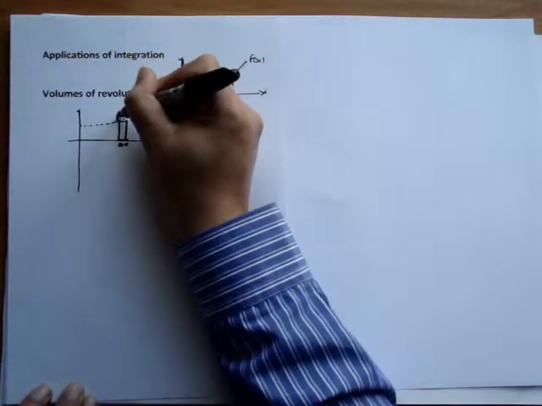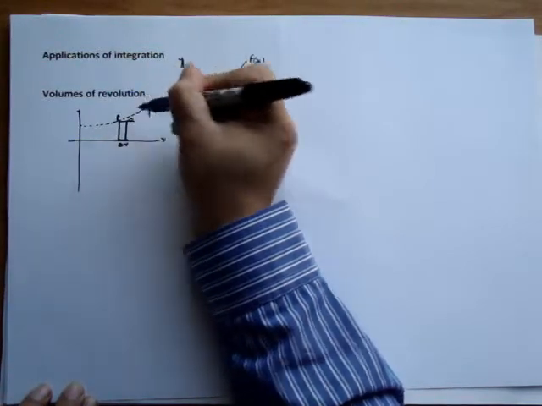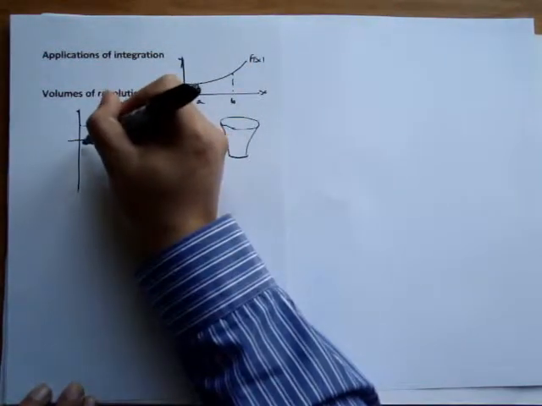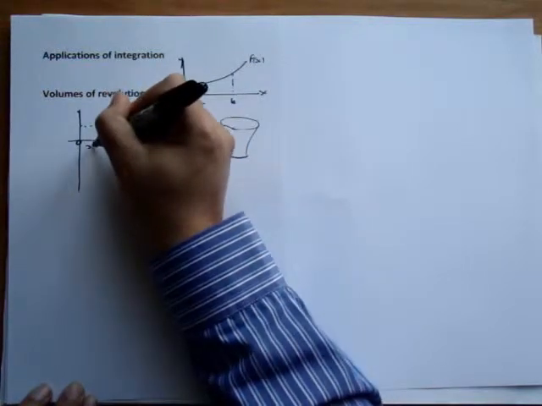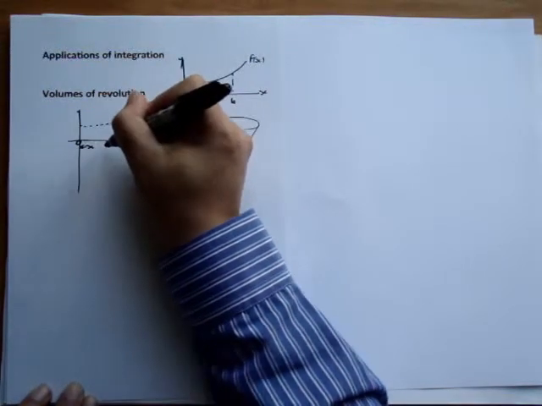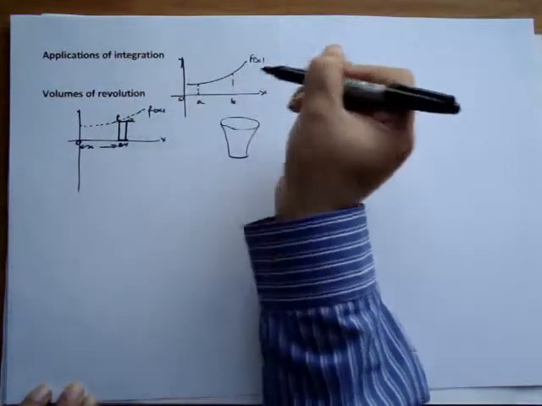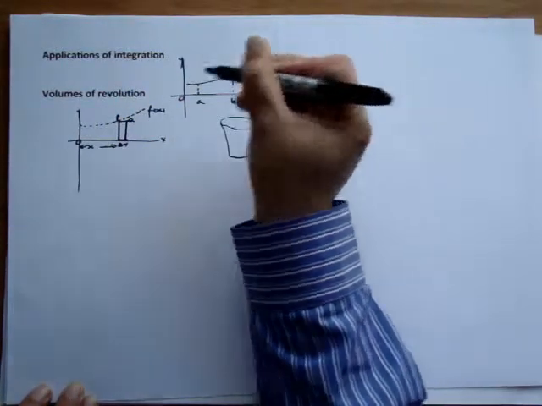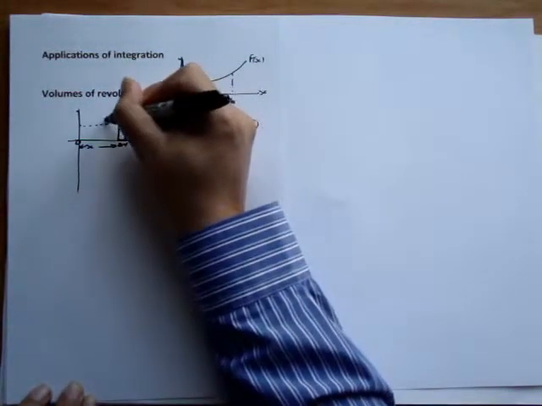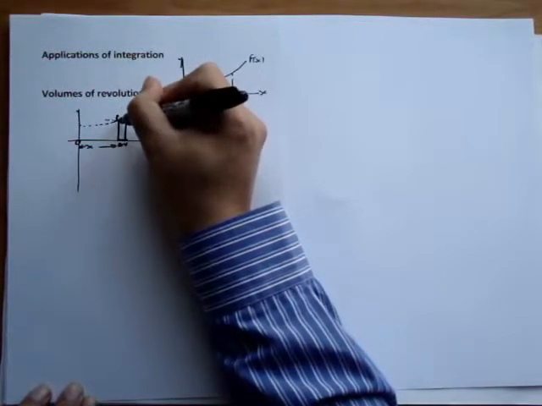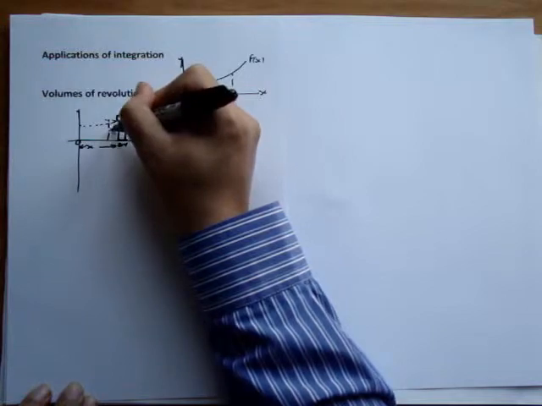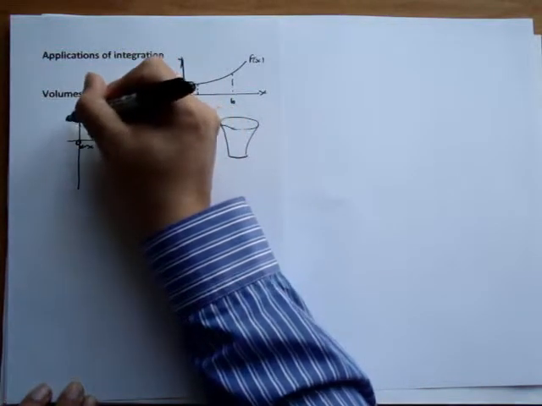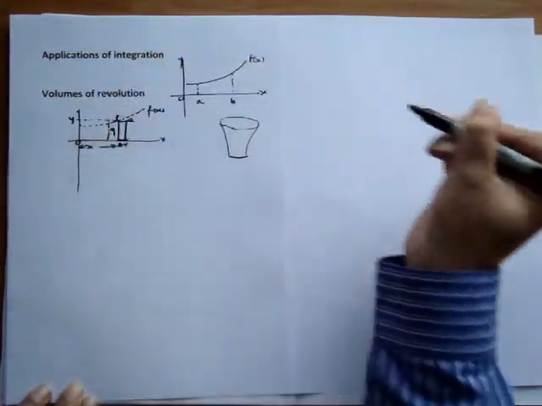Here we would have a point P, and here a point Q on the strip. Delta x is the width of the strip at x, and our y would be from this point here where P touches the curve down to here. So this over here is y.